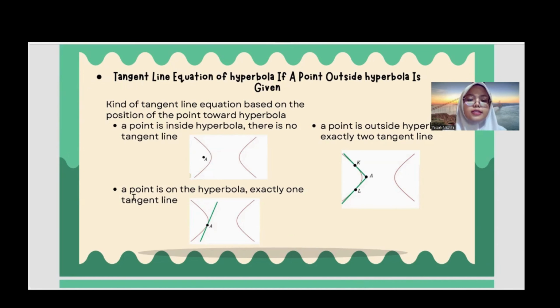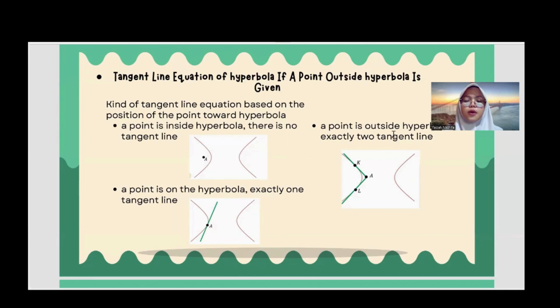If a point is on the hyperbola, there will be exactly one tangent line that passes through point A.